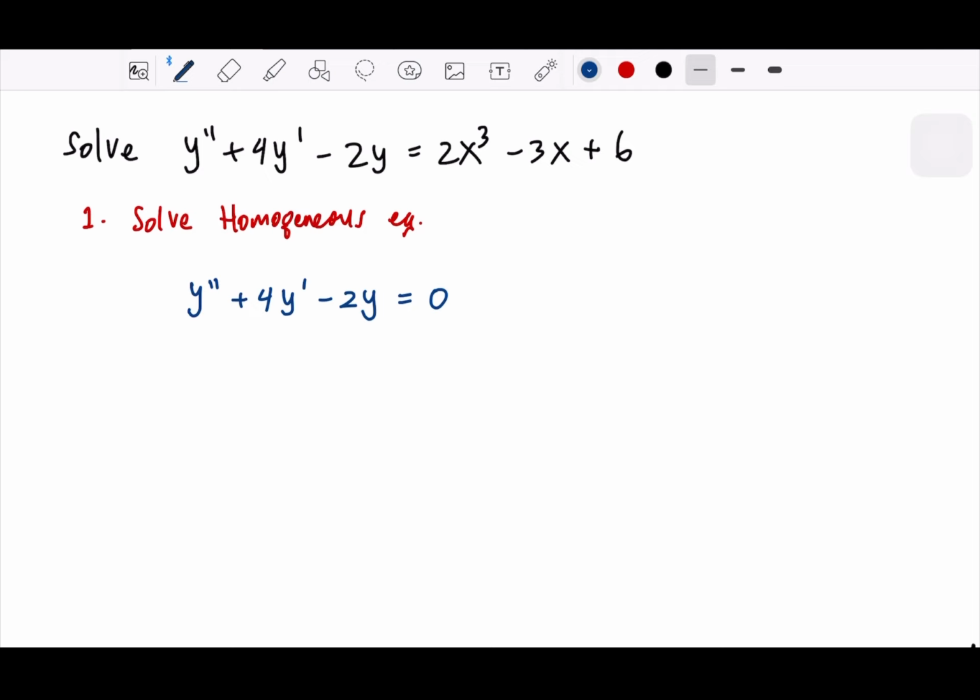And then as usual, we are going to use the auxiliary equation. This is going to be m squared plus 4m minus 2. I think we cannot factorize this, right? So let me check.